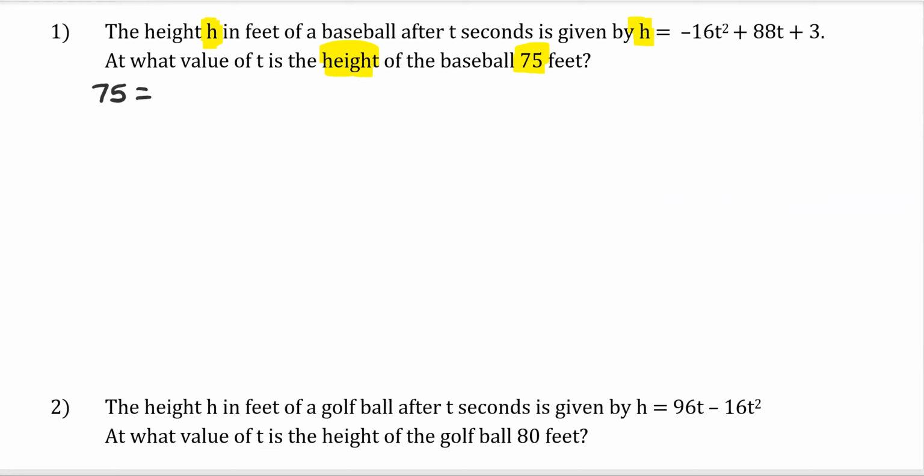So we'll set 75 equals negative 16t squared plus 88t plus 3. If we're going to factor this, we need this equal to 0. So we'll subtract 75 from both sides.